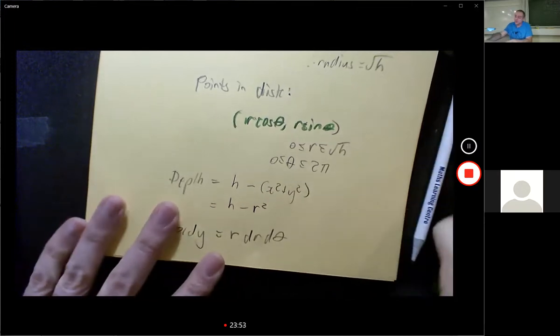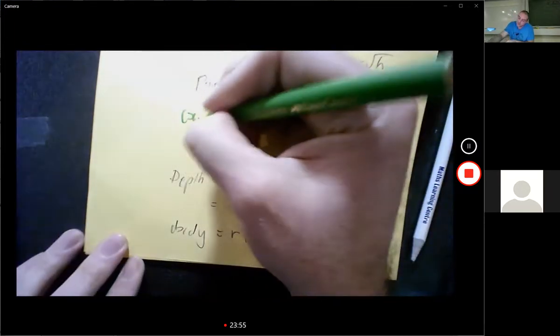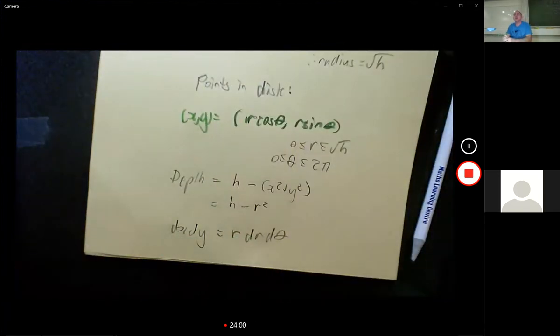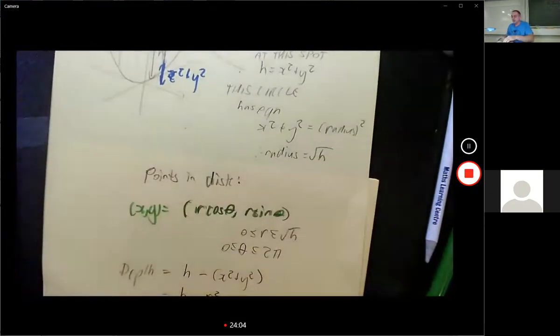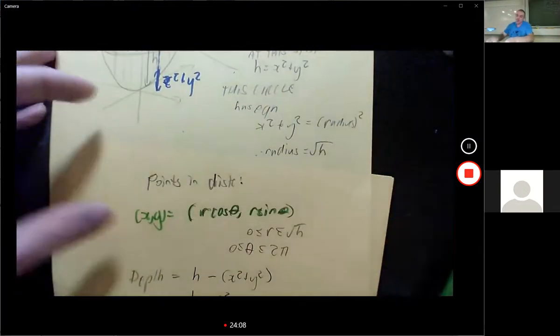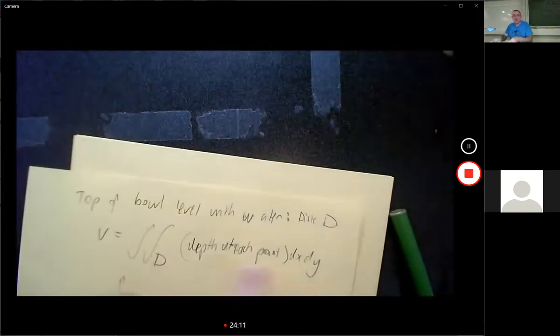Because in a technical sense, this is the point (x, y) equal to (r cos theta, r sin theta). And so now my integral, which I wrote earlier, is going to become... I've had this integral before.